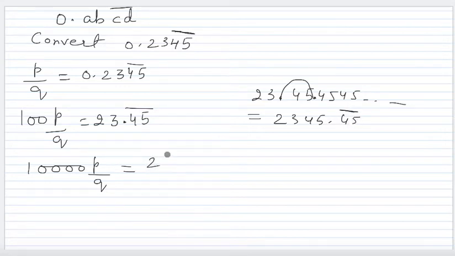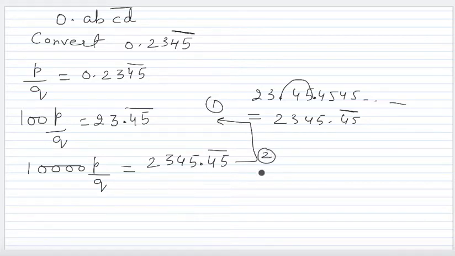So here we will have 2345.45 bar. Now we are going to subtract these two equations. This is the first equation, this is the second equation, and if we subtract 1 from 2, we will have 9,900 P upon Q equal to 2345 minus 23, that will be 2312.